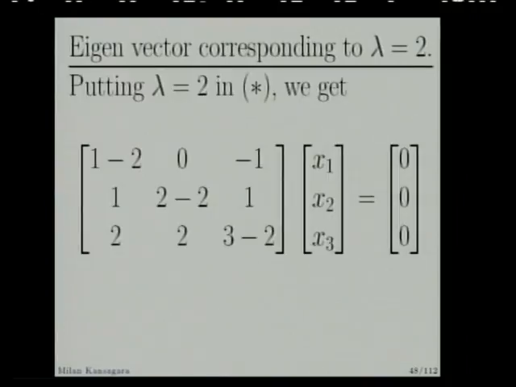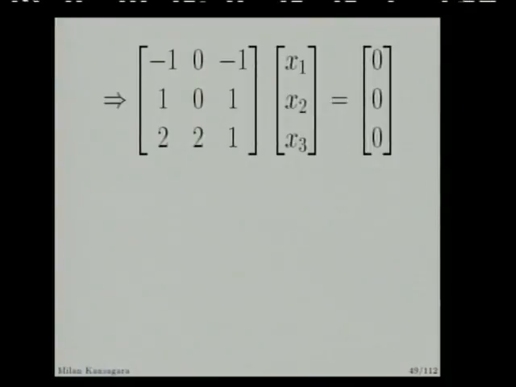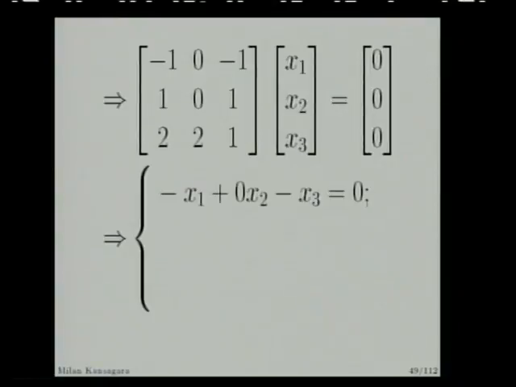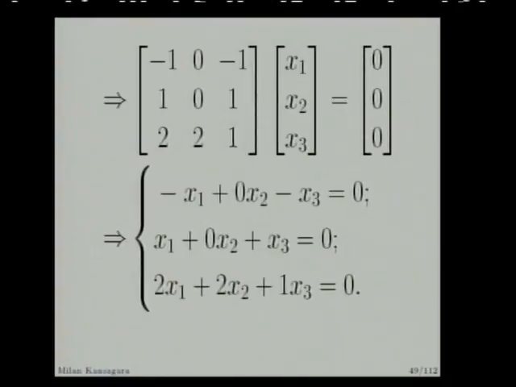Just replace lambda by 2. Then we will get this matrix. So now solve this. So minus x1 plus 0 x2 minus x3 equal to 0. So we will get these three equations.